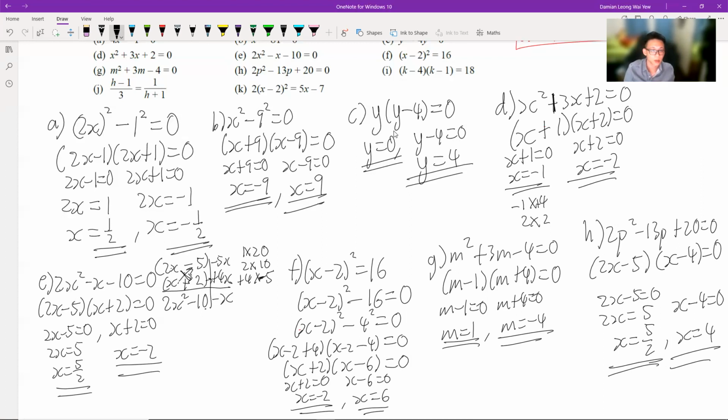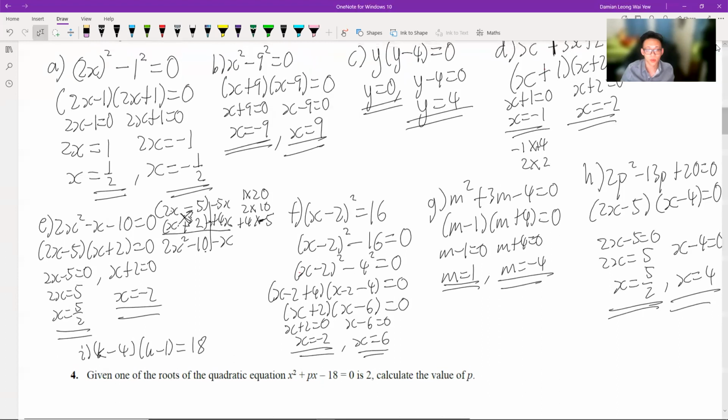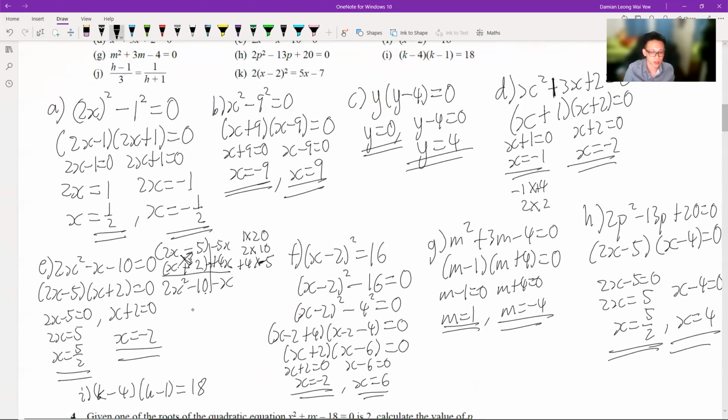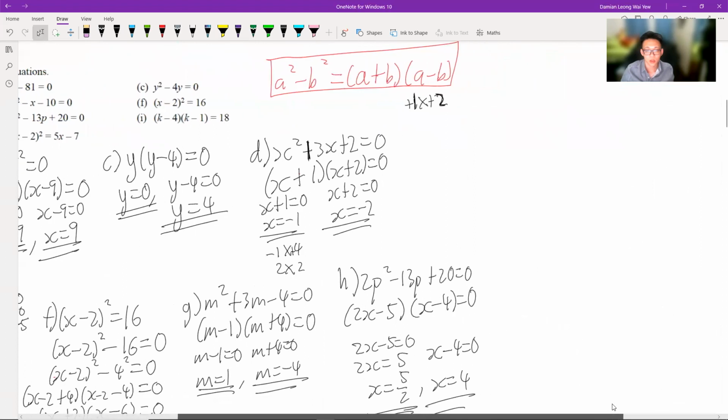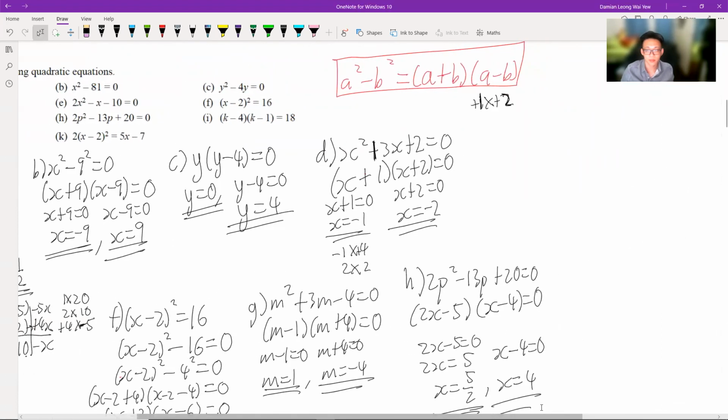Okay. Now, part I, the k minus 4, k minus 1 equals to 18. Okay. K minus 4, bracket k minus 1 equals to 18. So, for part I, again, this looks like a factorized form.